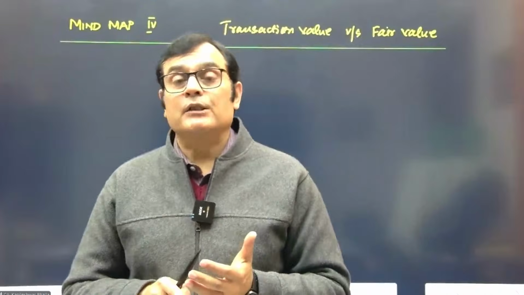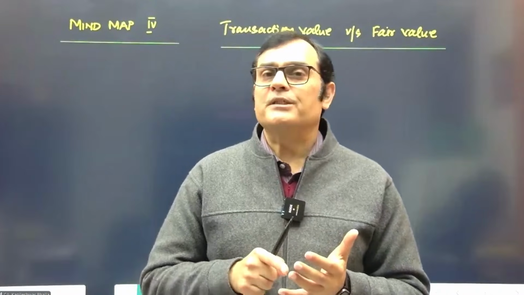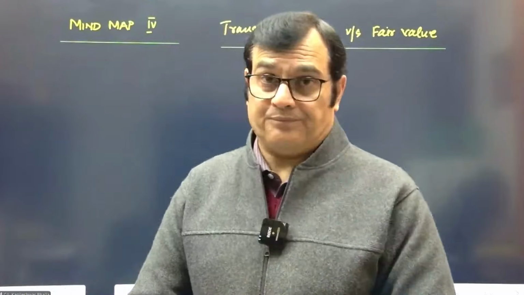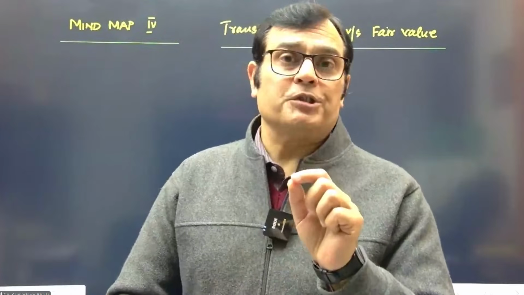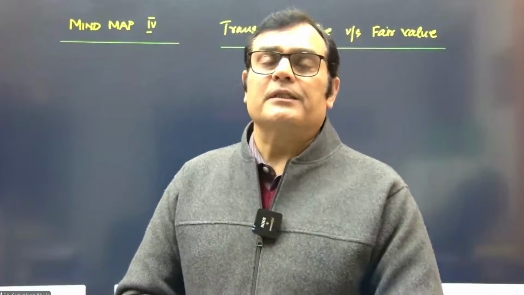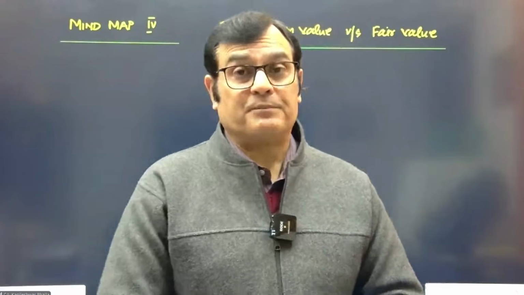In those cases, the difference is taken as a prepaid staff cost, which is amortized over the period of the loan. The second relationship was a parent-subsidiary relationship, in which case the difference is taken as a deemed investment done by the parent in the subsidiary.